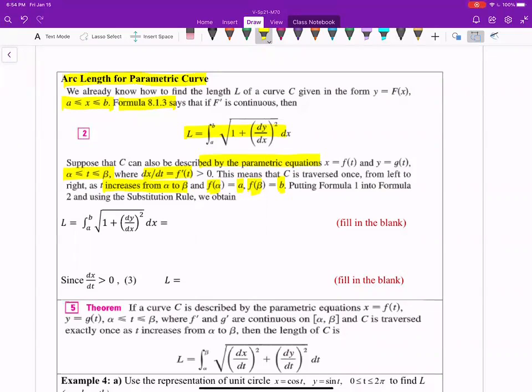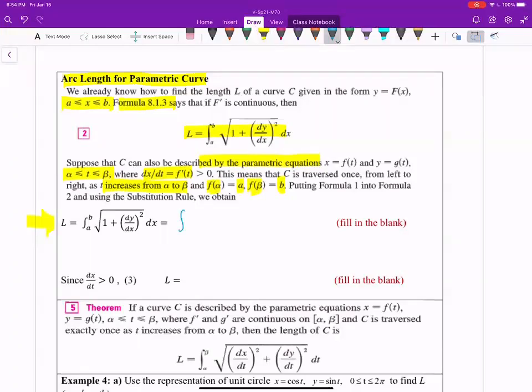Putting this in this formula, we get L equal to integral a to b square root of 1 plus dy by dx the whole square dx, and we are going to change this whole thing to parametric.